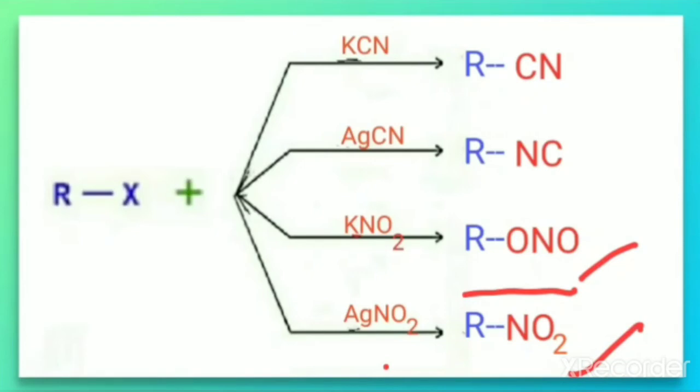So it gives a product which is called nitroalkanes. So in this reaction it is clear that there are two types of linking, that is either through the carbon atom in cyanide, and in the second case it is through N.